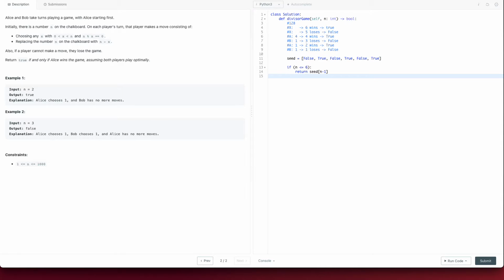For i in range, no. Yeah. So like seed would have some sort of this kind of thing.